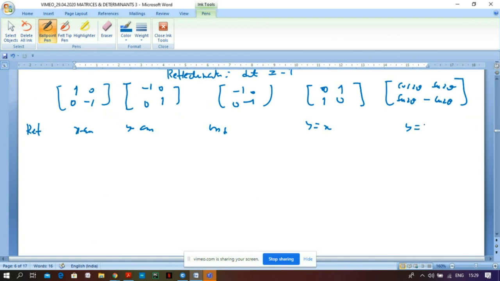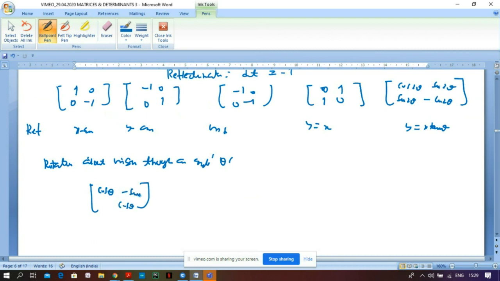That is reflection in the line y equal to x tan theta. And rotation about the origin through an angle theta was given by a different matrix: cos theta, negative sine theta, sine theta, cos theta. Watch out for this negative here.